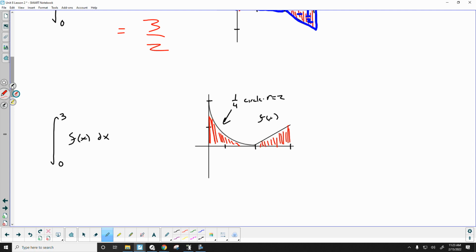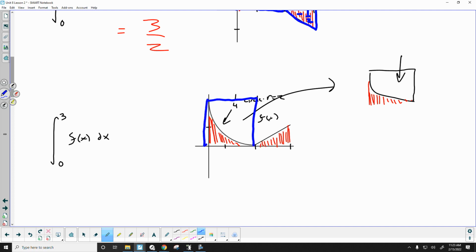Now, what's really tricky is that this situation here is this quarter circle, and the quarter circle's area would be this portion. However, I want to find this area down here. There are some tricky things that you might see, which you can do using geometry, where it's like, oh, let's take this square and then subtract the quarter circle.